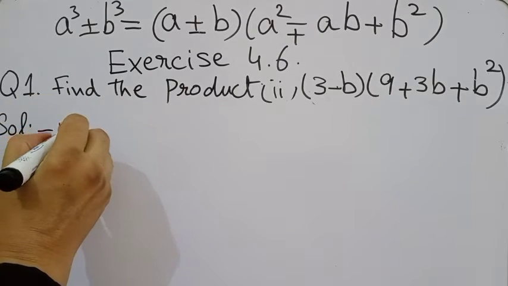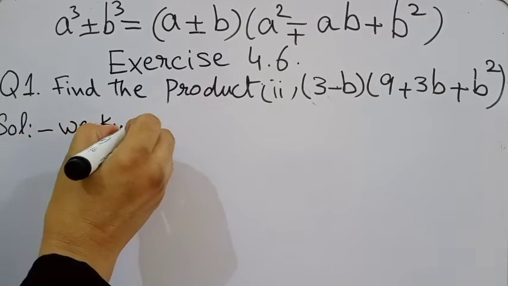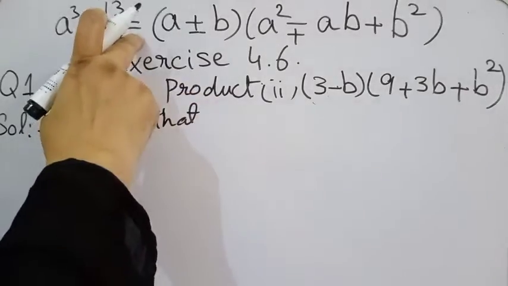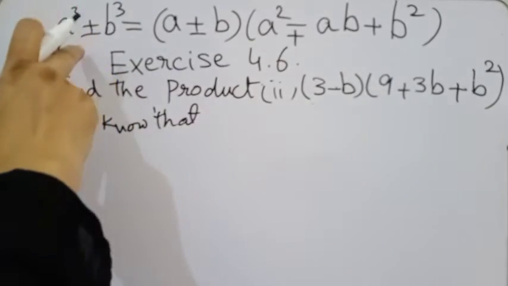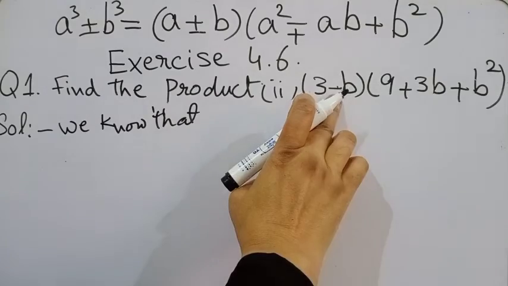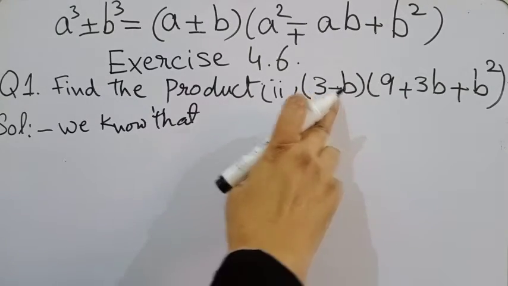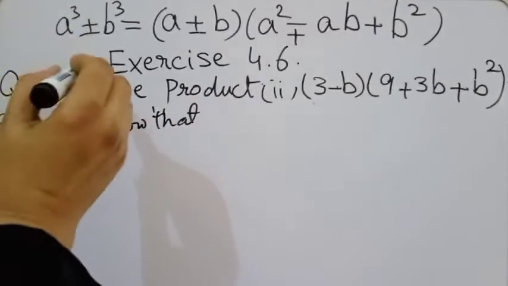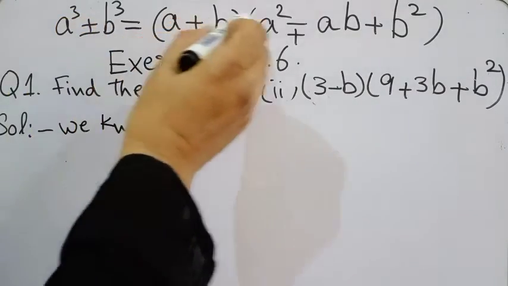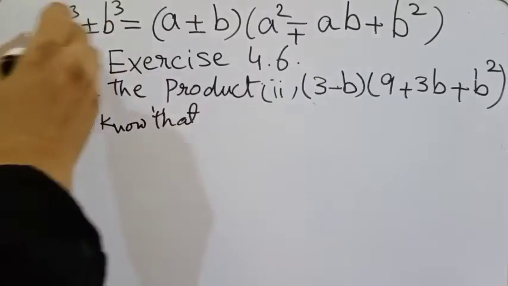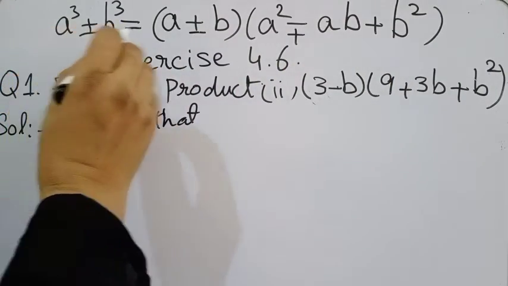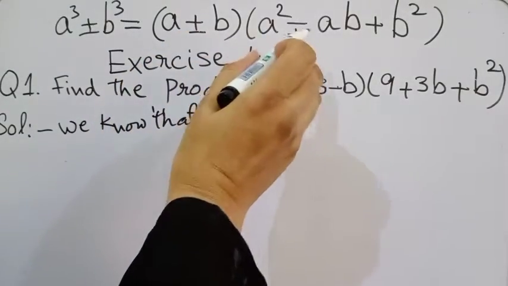We know that we write here the formula of only negative sign, because we have a question with negative sign, and this is very important. If you use positive sign, all upper signs are used in this formula, and if you use negative sign, all lower signs are used.